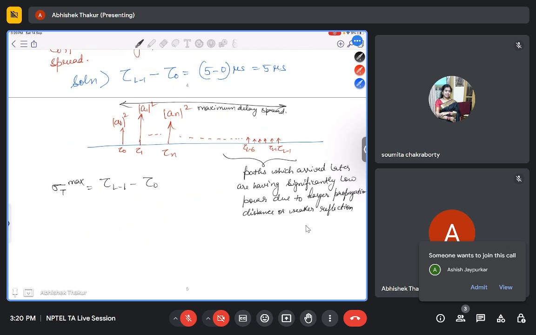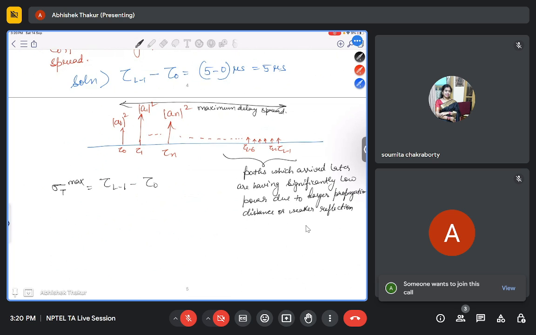But the last many paths have very negligible power, and the maximum delay spread metric is not a reliable indicator of the true power spread of the arriving multipath signal components.